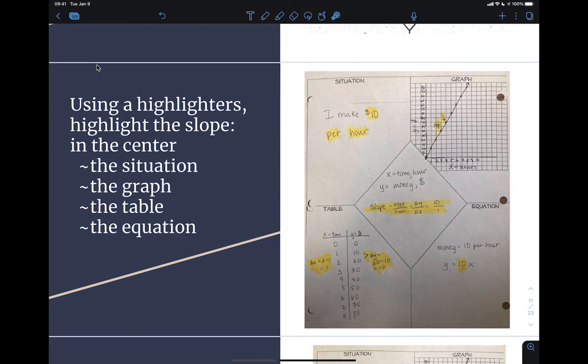It does not matter what color you use, as long as you use the same color for the slope. I highlighted the slope in my situation as $10 per hour. I highlighted the slope in my graph, in my table, and in my equation. Please note, just highlight 10.